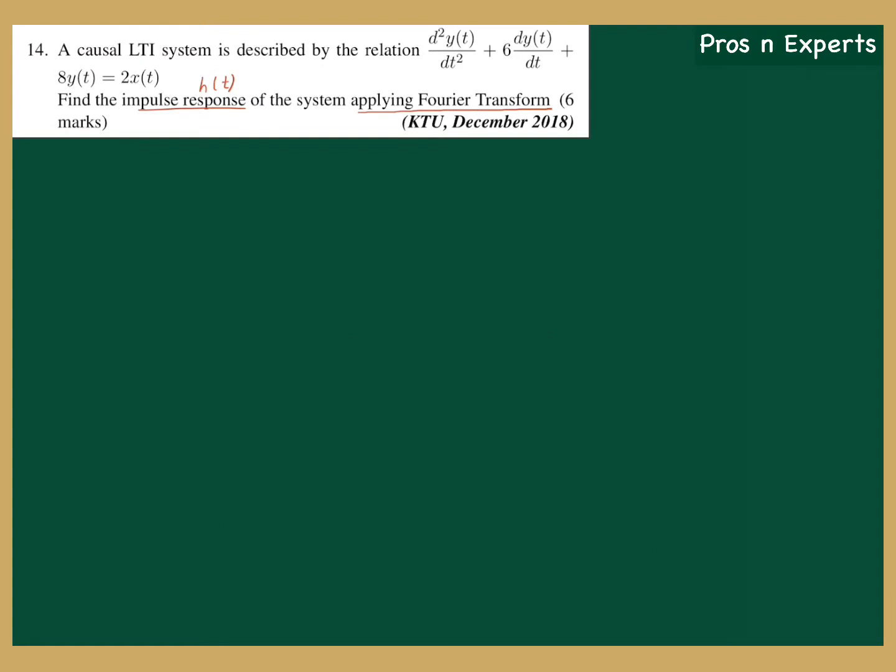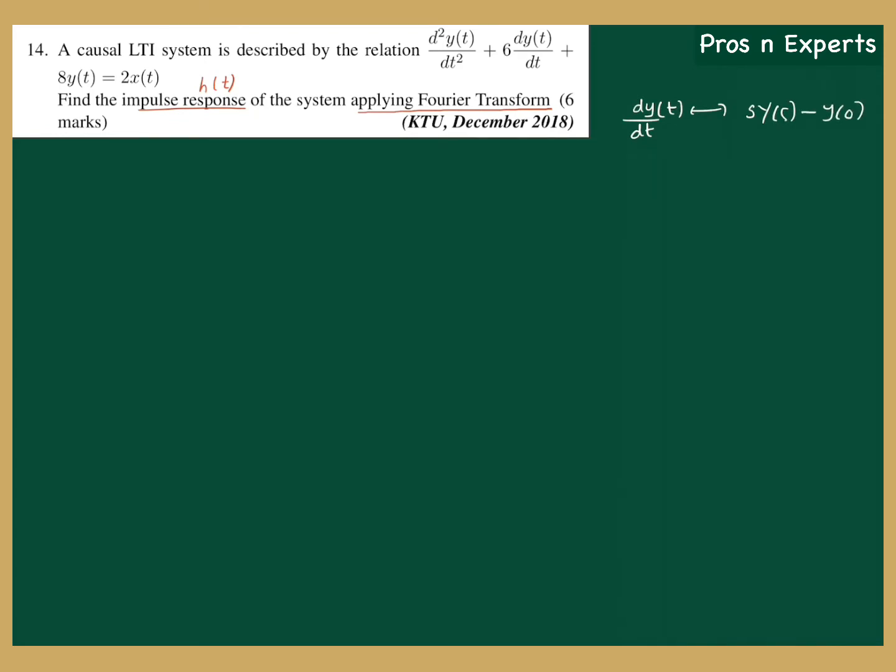You are given the differential equation, so you can apply the time differentiation property of Laplace transform or Fourier transform. What does it say? It says that if d by dt of y of t is a signal, then its Laplace transform is s into y of s minus y of 0.